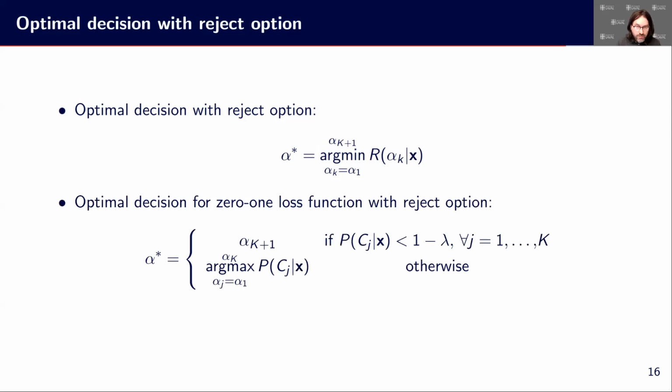The decision that will be made here is that we will reject if the associated posterior probability for all classes, all possible decisions except reject, is less than 1 minus lambda. So if all posteriors are less than 1 minus lambda, it's better to reject. Otherwise, we will make a decision by picking the class that has the highest posterior probability.